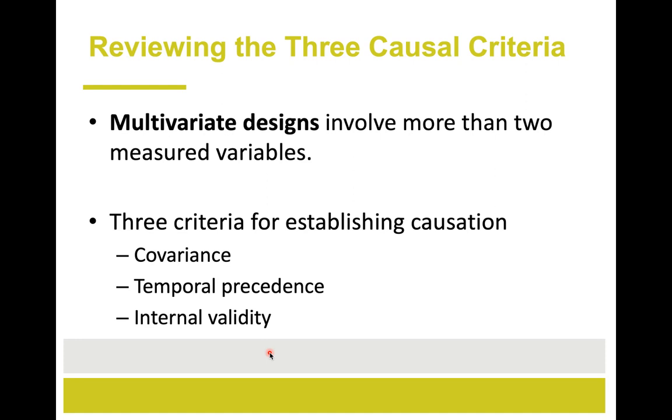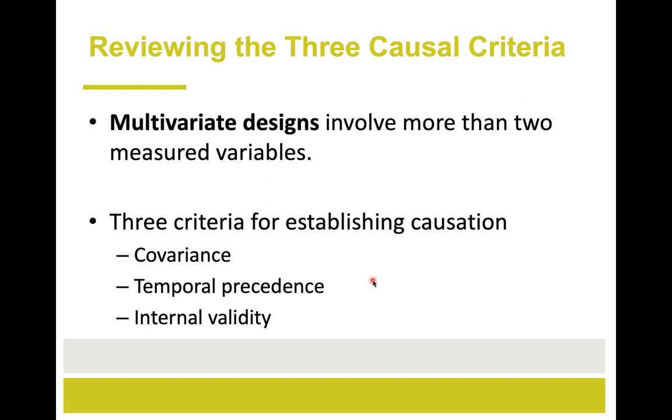So traditionally, we say that correlational designs cannot allow us to assert causation. Correlational designs allow for covariance, which is that variables have a relationship with one another. That's fine. We can get there with correlational studies, but they typically don't allow for temporal precedence and internal validity.